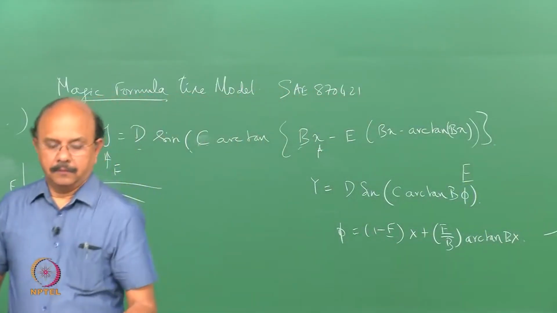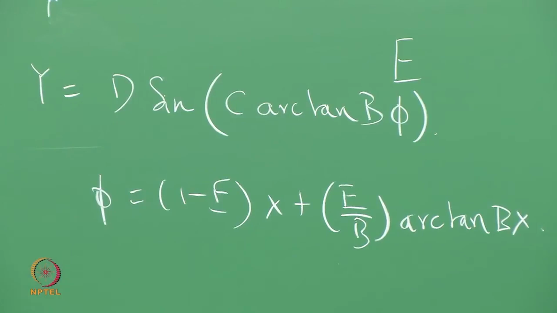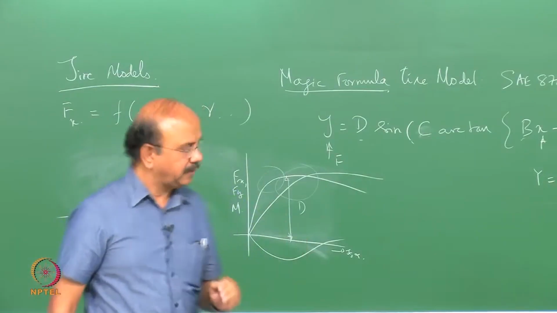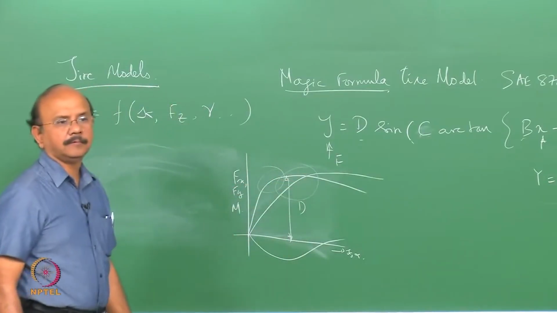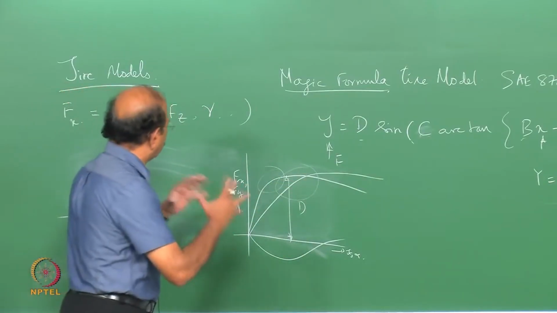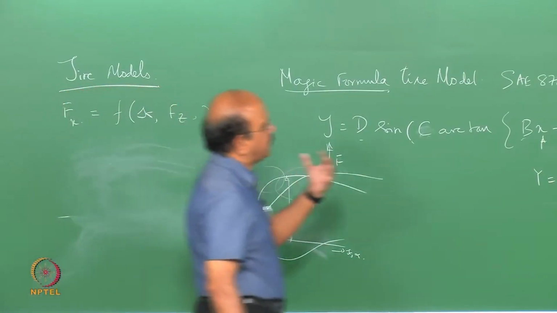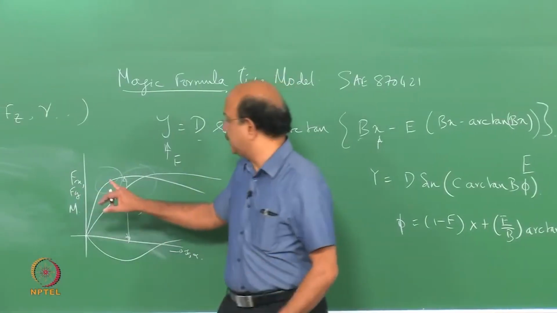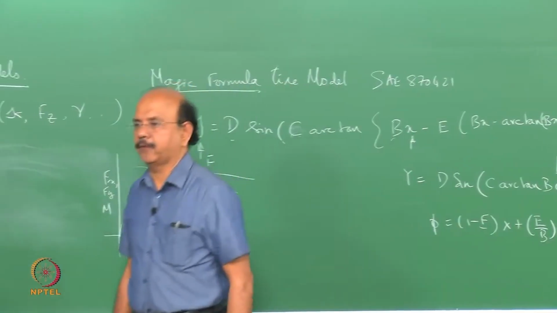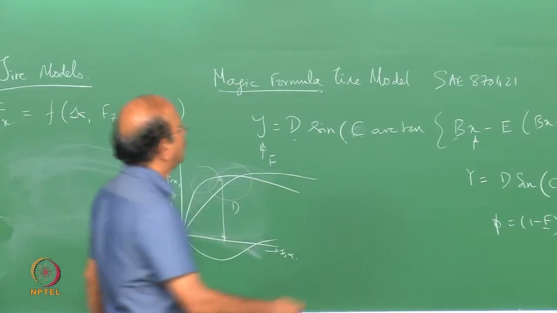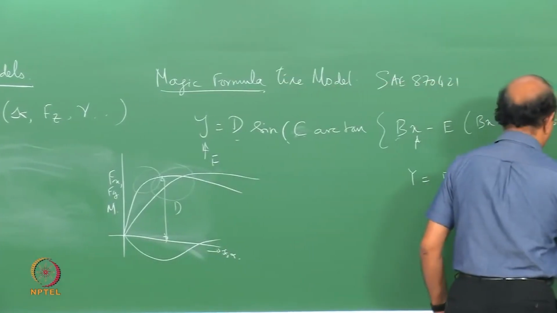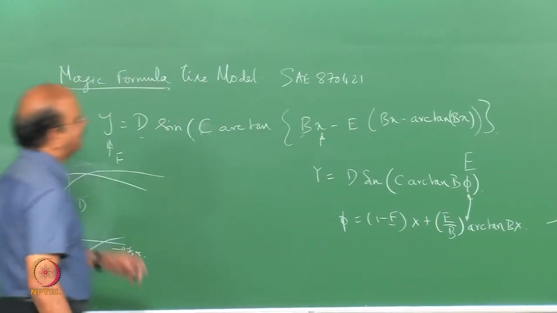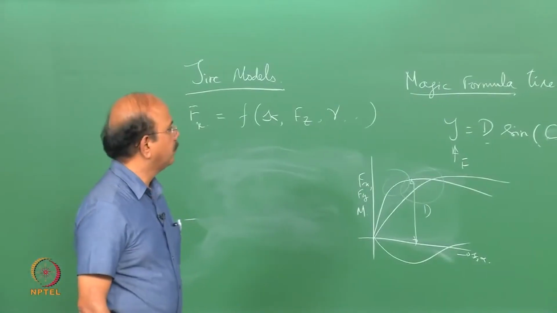This E, in other words, what I have done is I have introduced this E, which actually changes the curvature at this place. Now, without confusing C and D, let me call this C a shape factor because it gives the shape, and E a curvature factor. Okay. Now, substitute that into this expression for phi. Rewrite this expression.